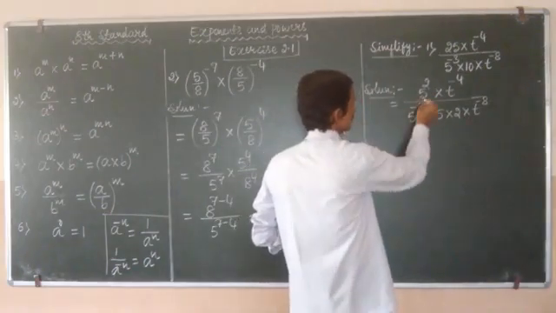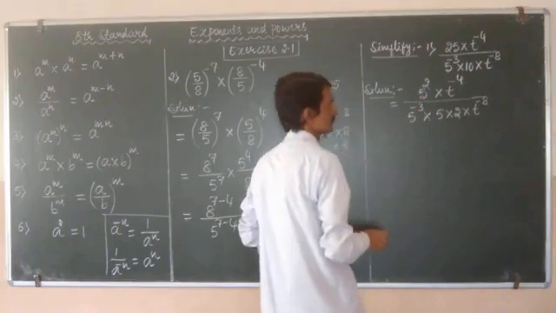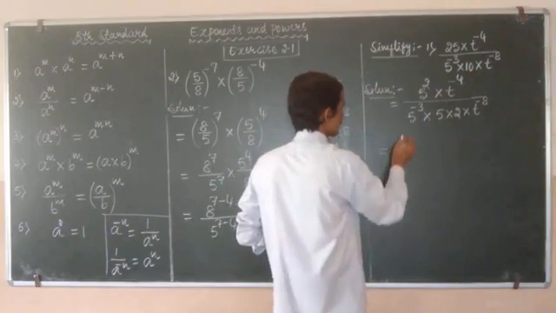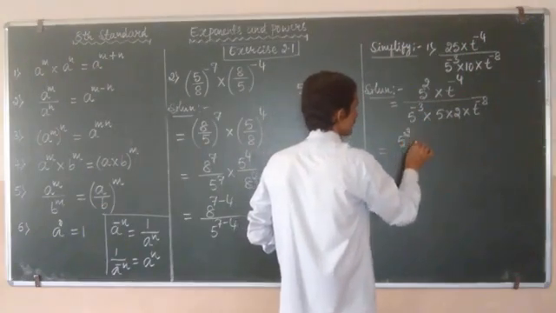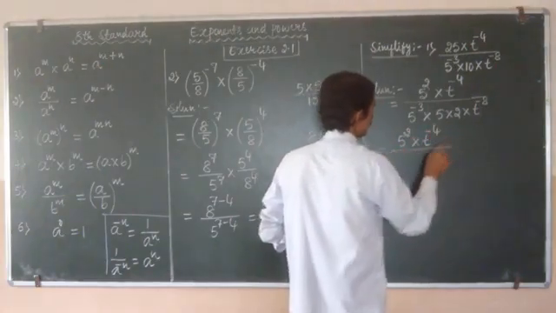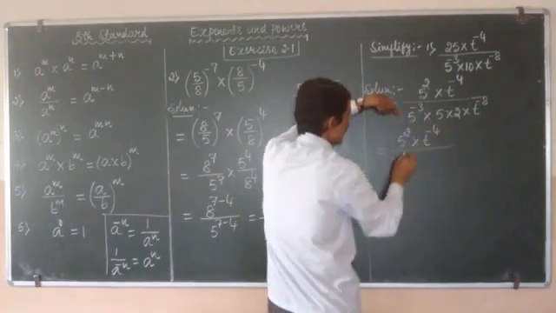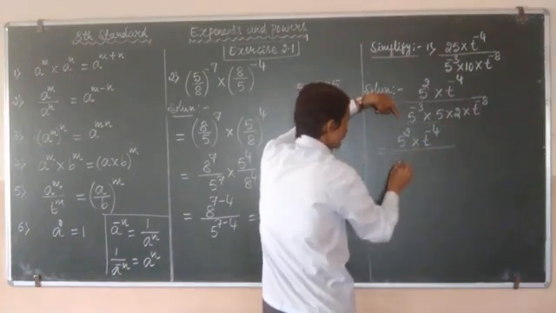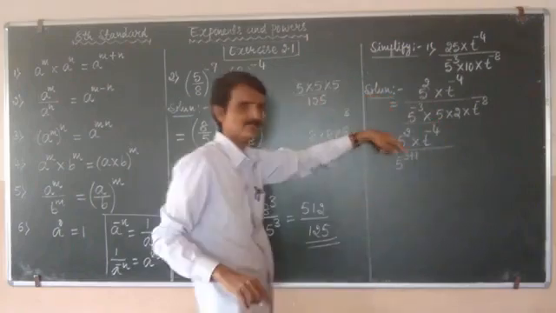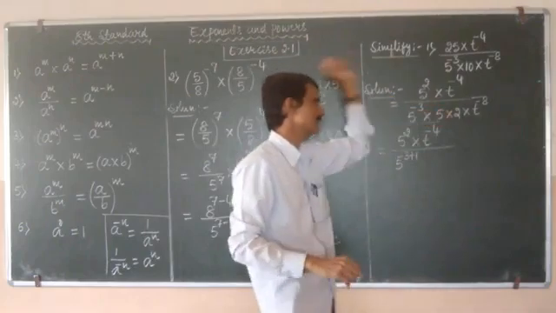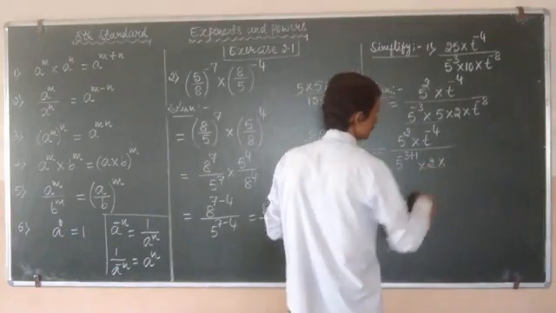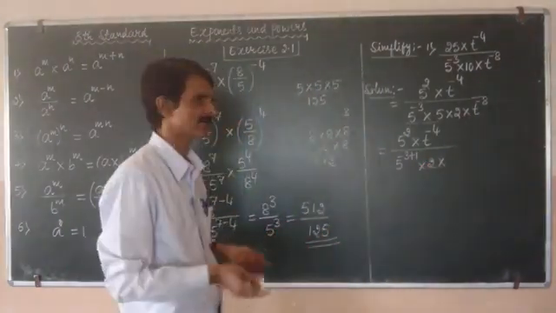Now students, by applying the laws of indices, observe here the base is 5. Write the numerator as it is, 5 square into 2 to the power of minus 4. These two can be written as, since the bases are same, 5 to the power of minus 3 plus 1. 2 has power 1, write as it is because there is no other factor.